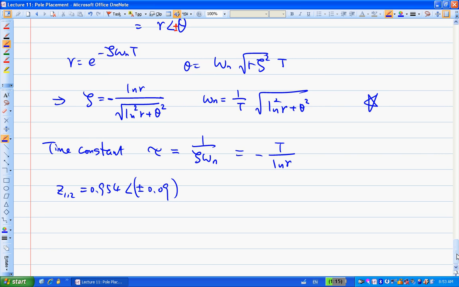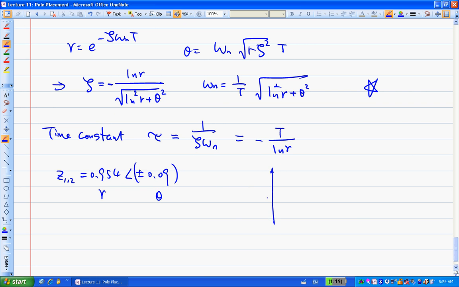Okay, so this is the pole with the choice of K1 equal to 0, K2 equal to 1. And this is the resulting r, this is the resulting theta. So the next question is, based on this r and theta at here.